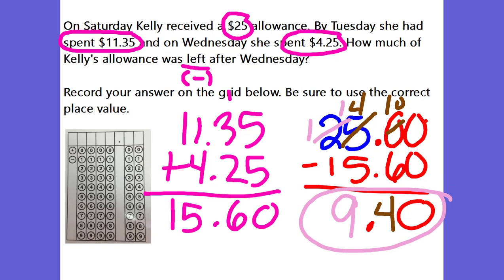Sometimes you might have some gridables, just like we have over here. Make sure that wherever your decimal is, that's how you're lining up your things. So right here, I'm going to write 9. That's really light, so let me change my color. I have $9.40.